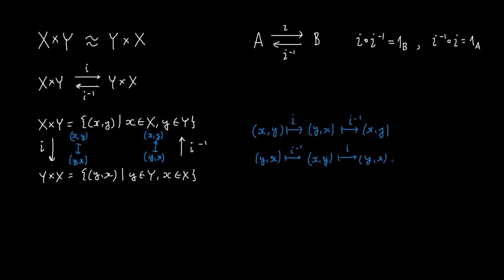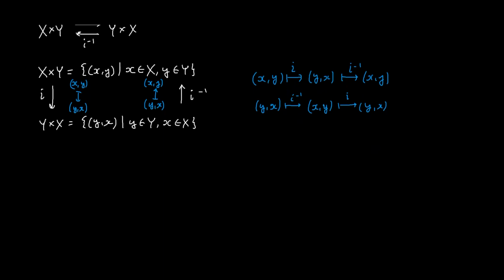Let's see now how we could adapt this proof for generalized elements. Well, first, let's begin by adapting the notation. So as a generalized set, what is x cross y? I'm going to use still the same set theoretic notation, but I'm going to use a different color to emphasize that this time it's a generalized set.